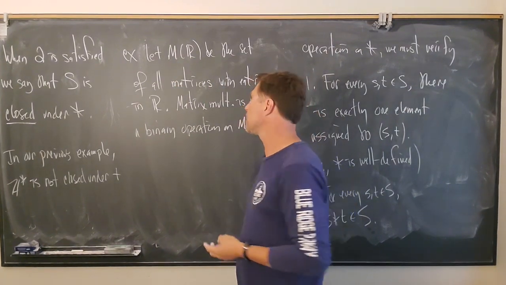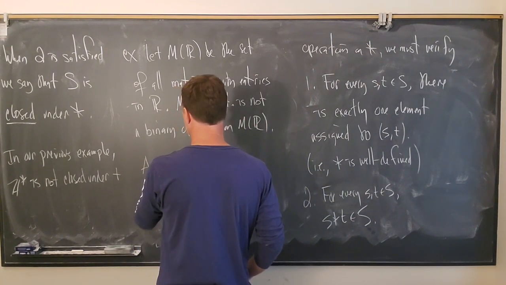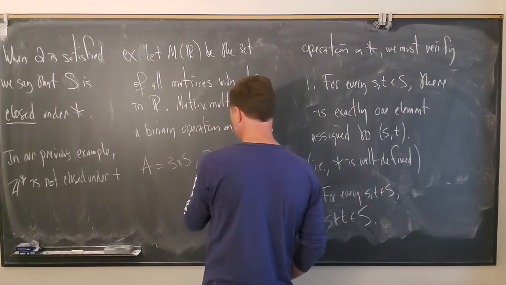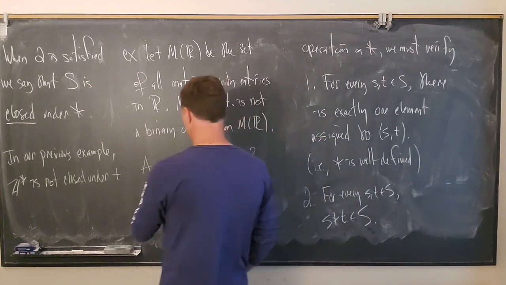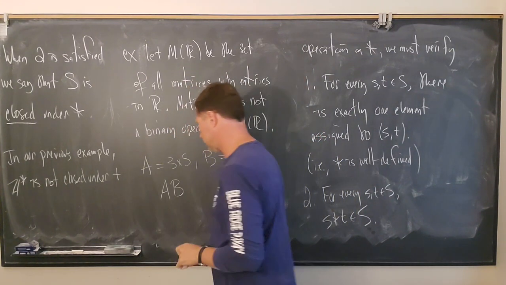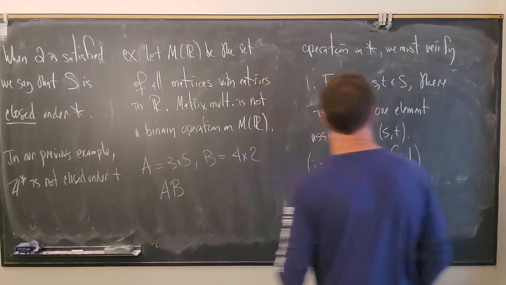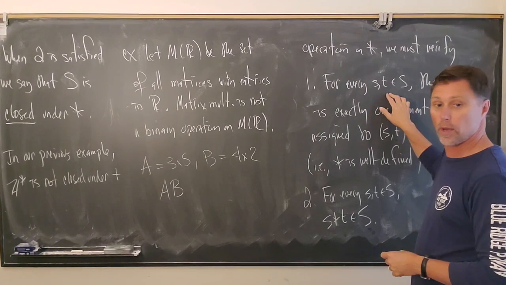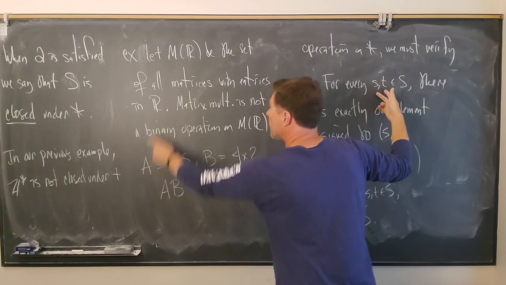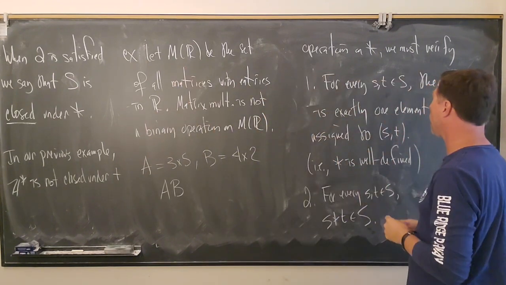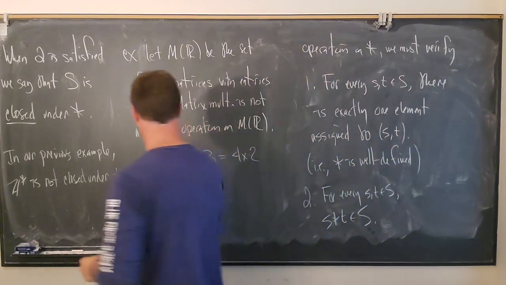So for example, if matrix A was a 3 by 5 and B was a 4 by 2, then there is no way to multiply A times B. It's not defined, and so it fails part 1, because here is a couple of elements that live in M of R, but there are no elements assigned to the ordered pair A comma B. And so it's not a binary operation.